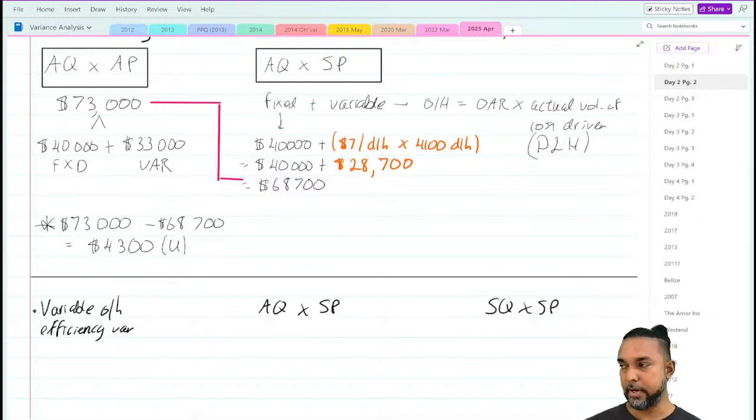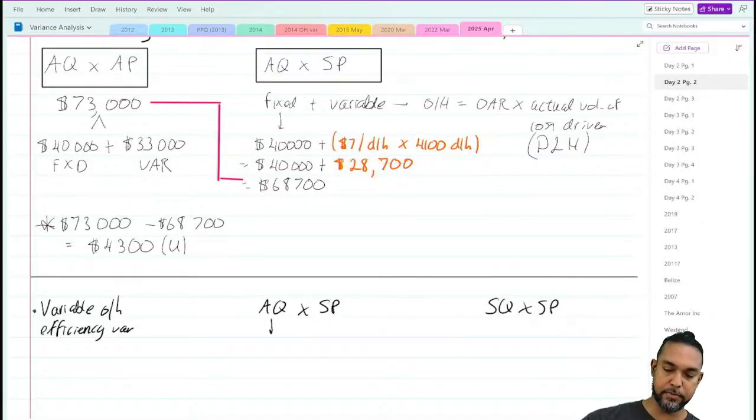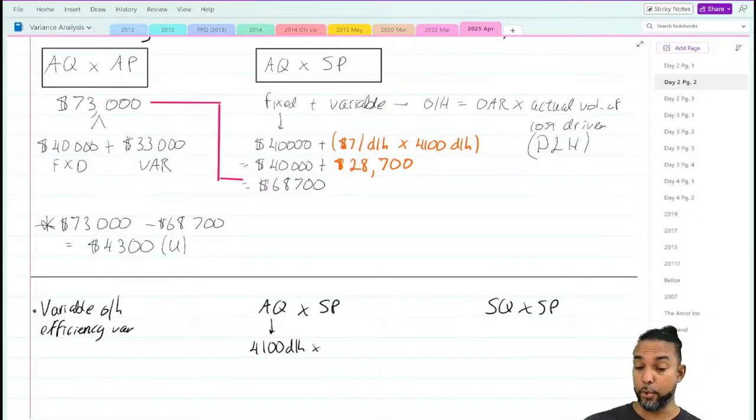Okay, so actual quantity by standard price and standard quantity by standard price, right? So we saw in the working above, actual quantity was 4,100 direct labor hours. And the standard price again is the OAR.